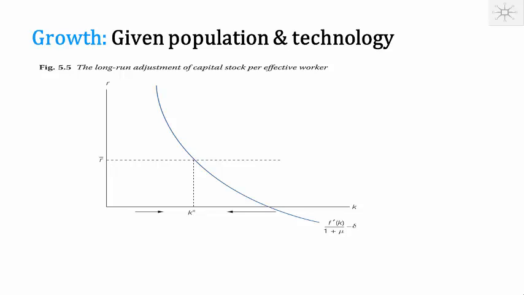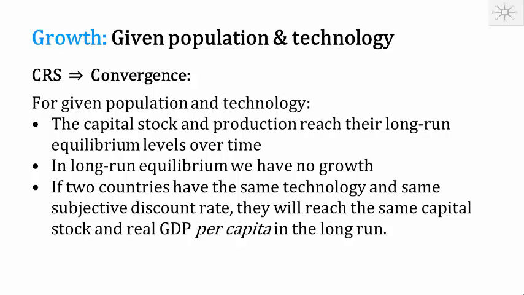And here the point is that all economies should converge to the same long-run level of capital per worker, independent of the size of the country. And that in turn means that all countries should converge to the same income per capita. So, constant returns to scale implies convergence.